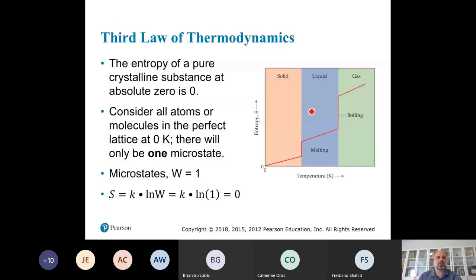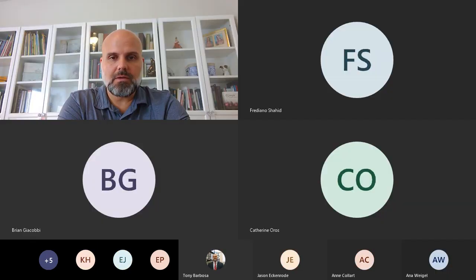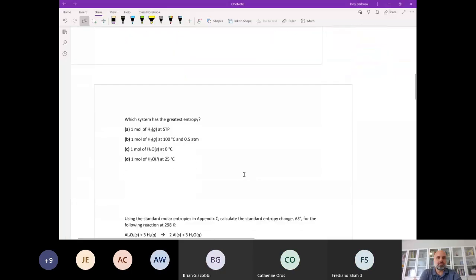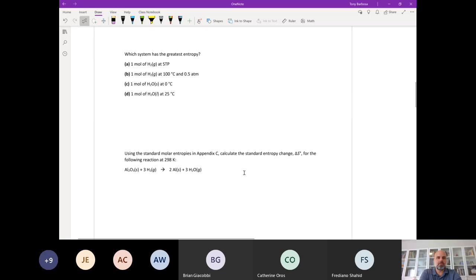All right. So let's do another sample problem for this as well. Here it is. You have a question. It says, which system has the greatest entropy?